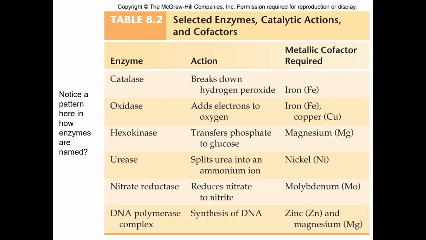So each enzyme does something different. Notice here, this column says metallic cofactor. Cofactors can be really important for enzymes because they help maintain the active site of the enzyme. So iron, copper, magnesium, nickel. Think back to chapter 4.